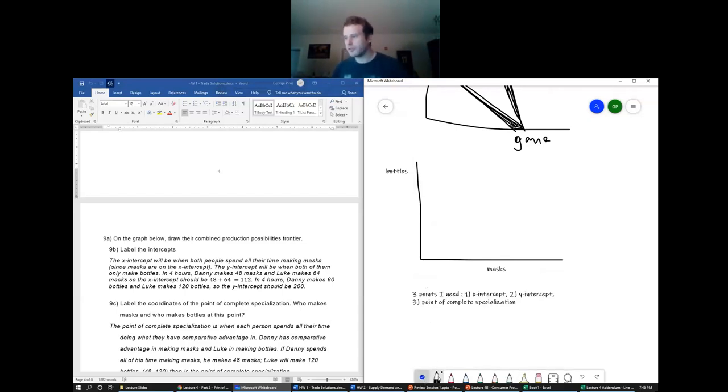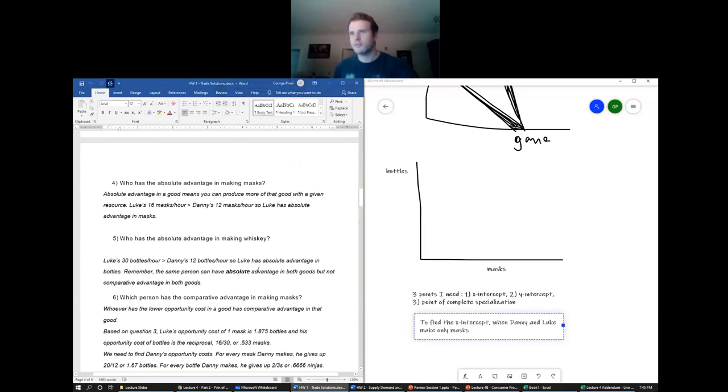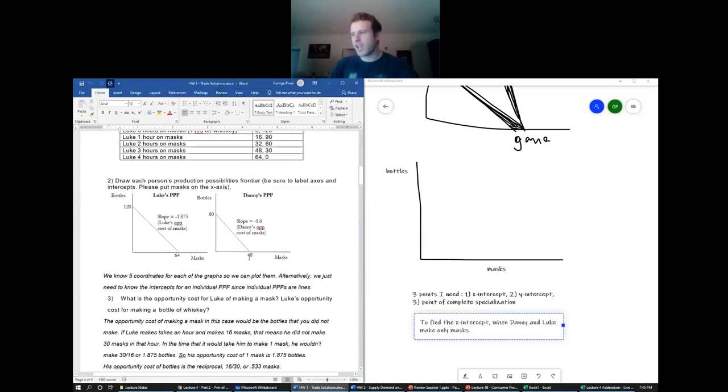So if I want to find the x-intercept, that is when they spend all their time making masks, when Danny and Luke make only masks. So Danny makes 48, Luke makes 64.